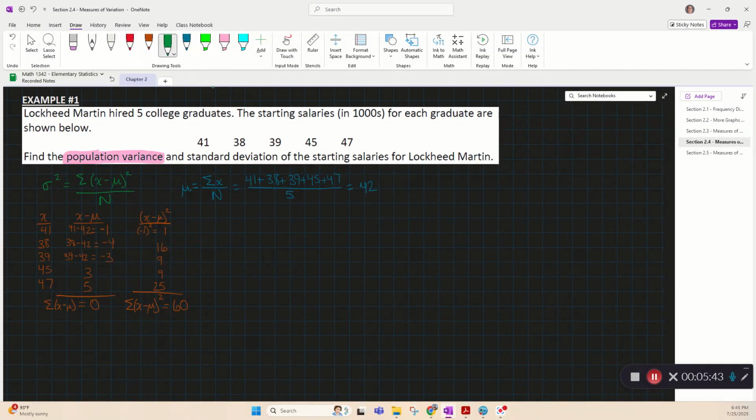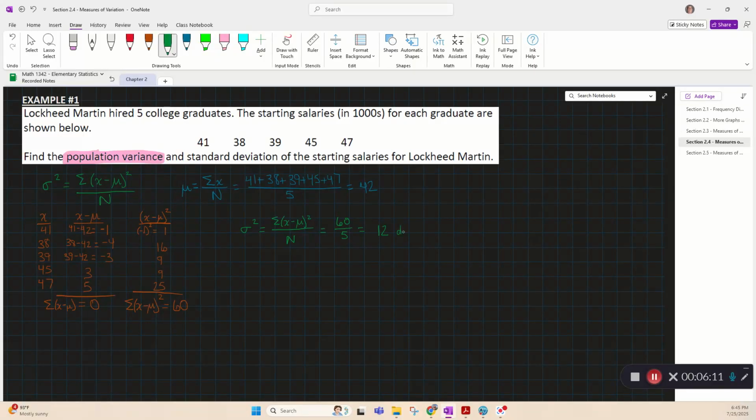Okay, so let's go back to our formula. Sigma squared is equal to the sum of the squared deviations divided by our sample, or not our sample, our population size. So that's going to be 60 divided by 5, which is 12.